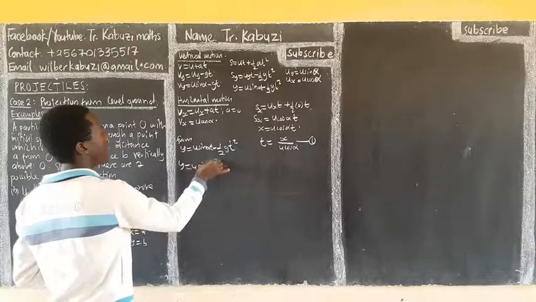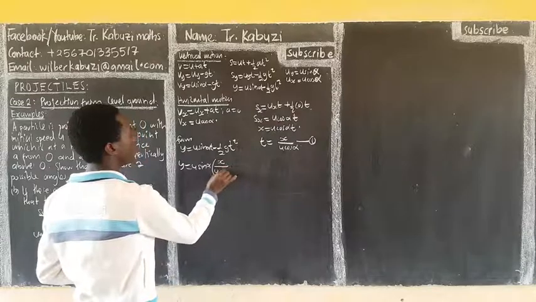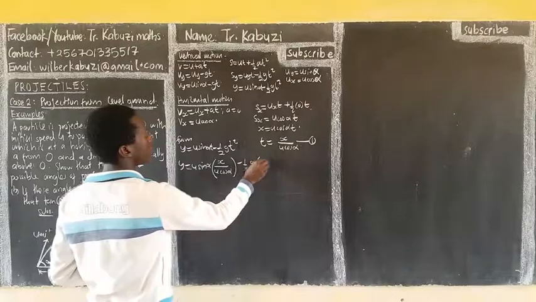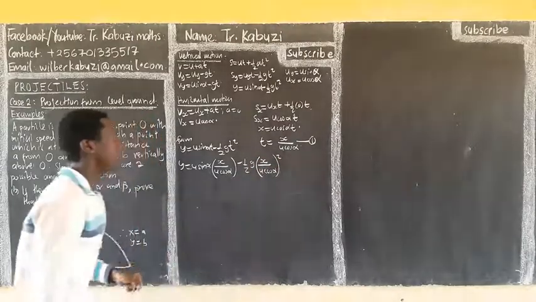Then sine alpha, where there is t, we put x over u cos alpha, then minus a half g into x over u cos alpha, the whole squared.